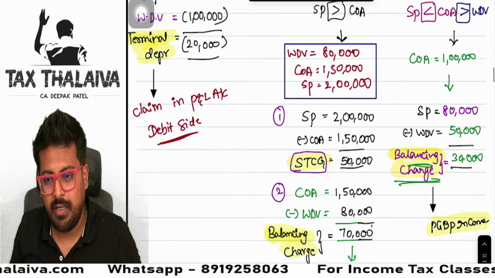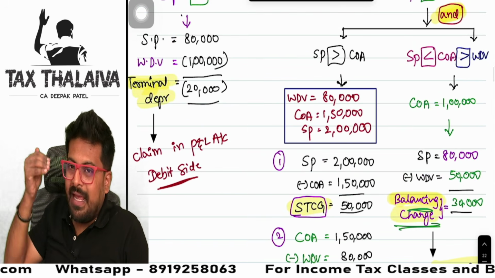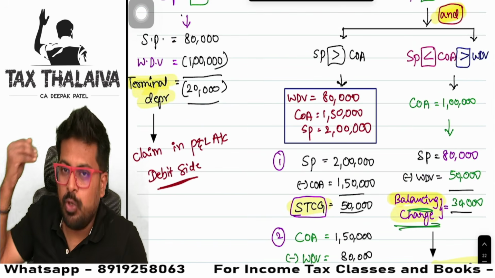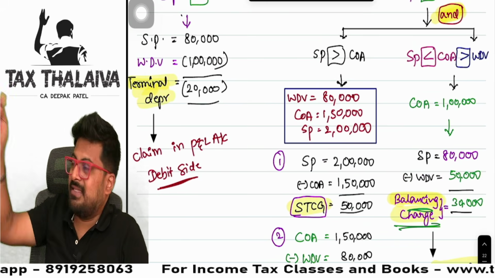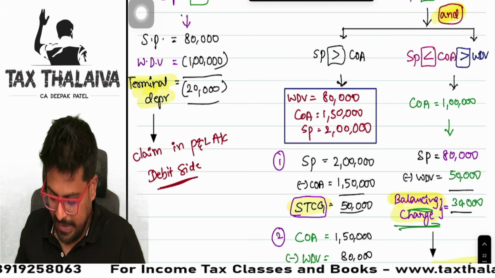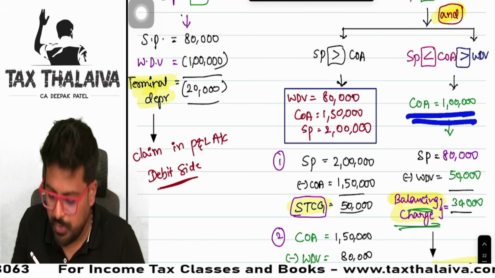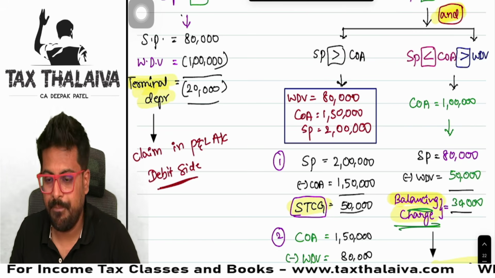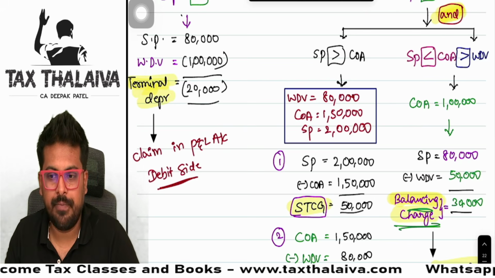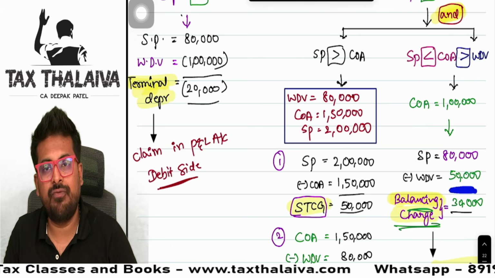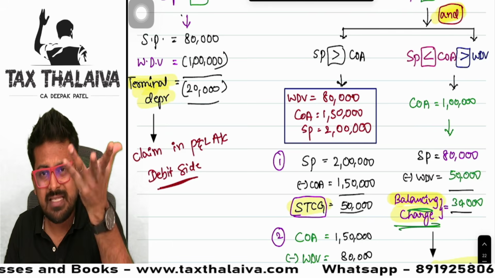There may be a scenario where your sale price is more than WDV, but it is less than the cost of acquisition. Possible? We'll take one example. Let's say the cost of acquisition of your asset was 1 lakh, the sale price was 80,000 and the WDV was 50,000. Did you sell for more than WDV? Yes, of course.